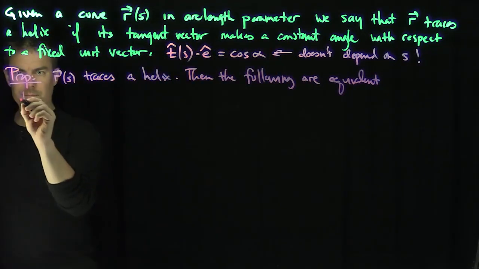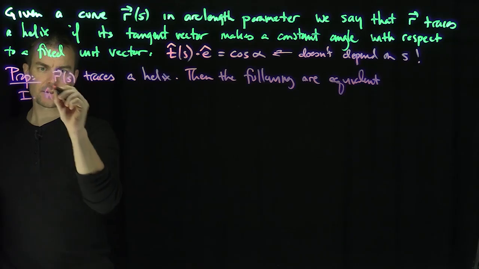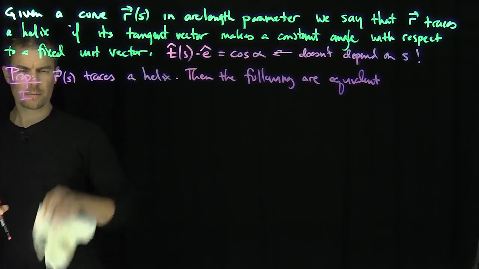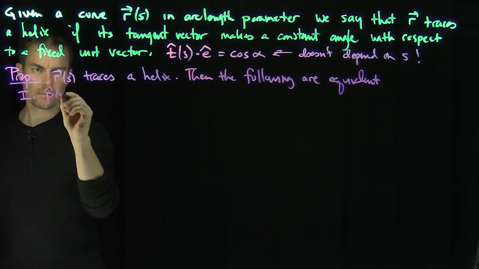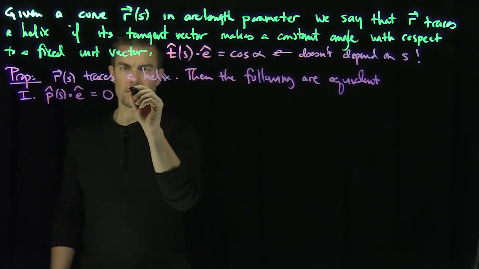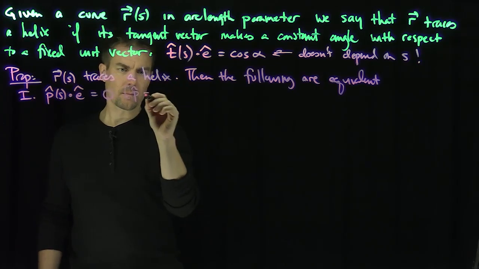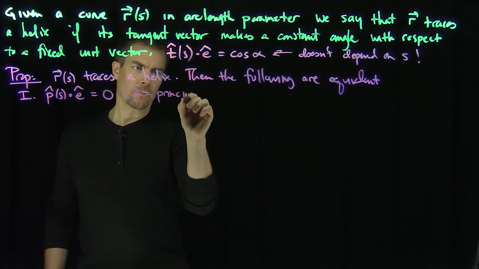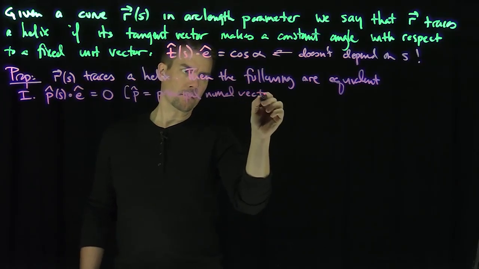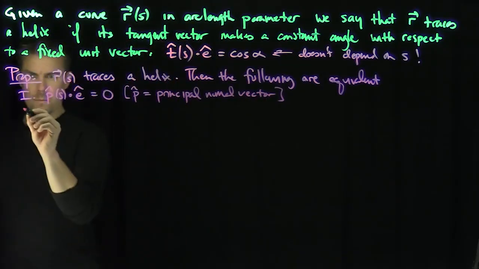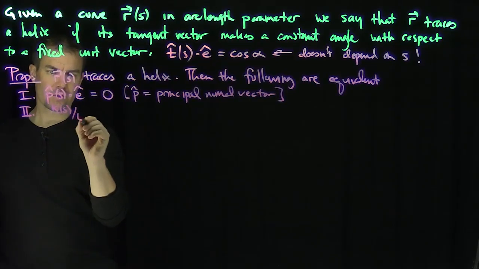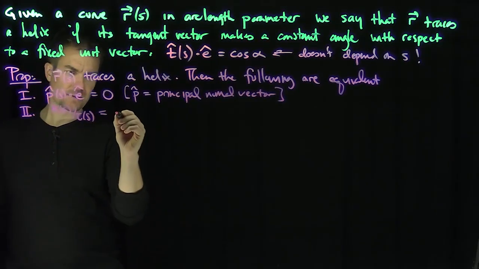Condition one is that p hat, the unit principal normal vector, dot e hat is equal to 0, right? Two is that the ratio of curvature of s and torsion of s is a constant.